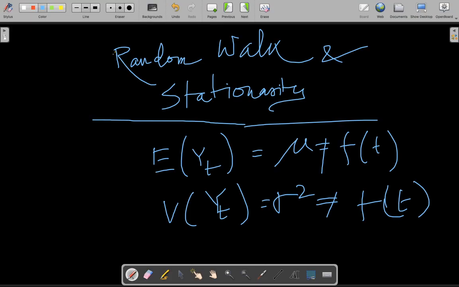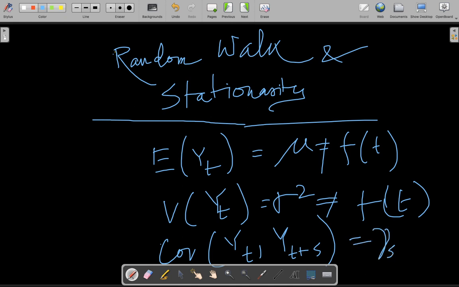And the third condition we said is that the covariance between two values in the time series, yt and yt plus s, is not dependent on t. It is dependent on the lag s, but not a function of time.